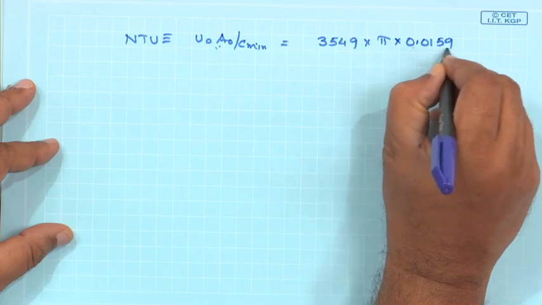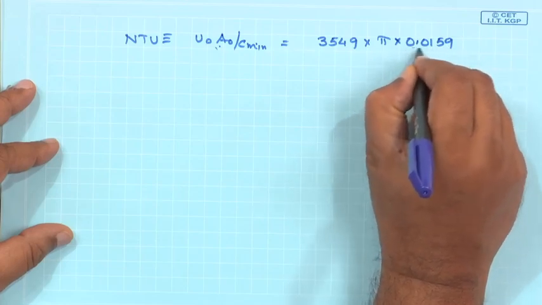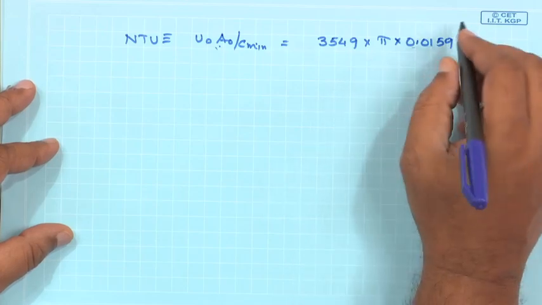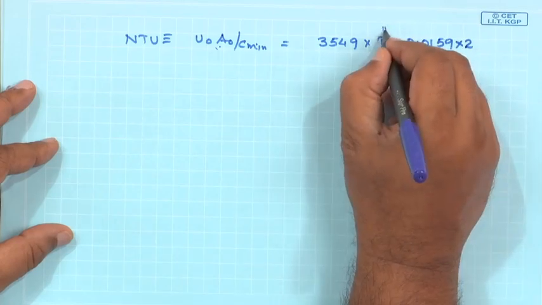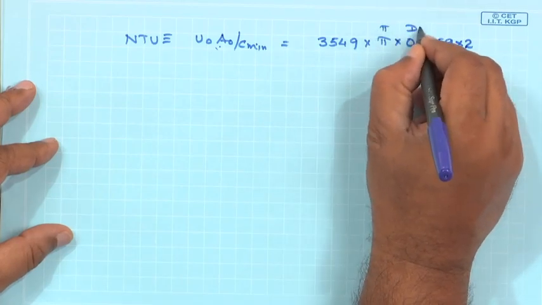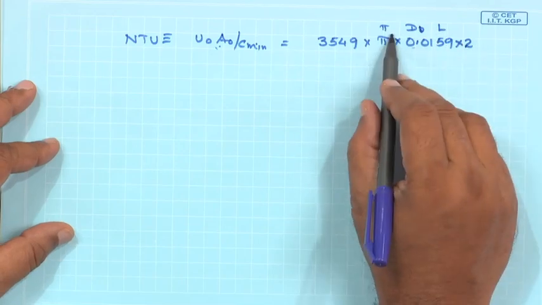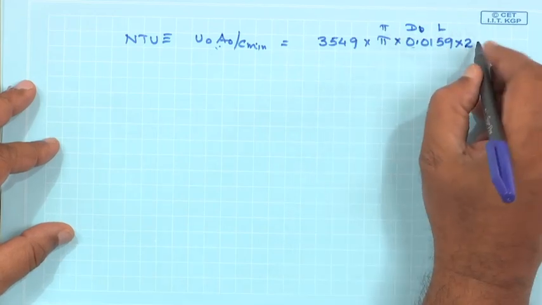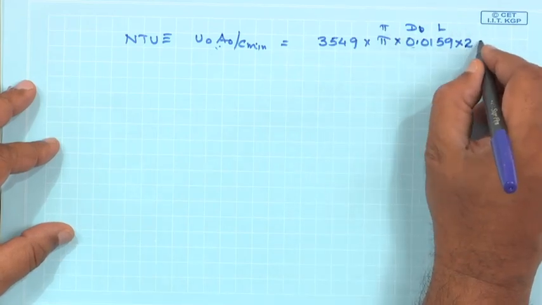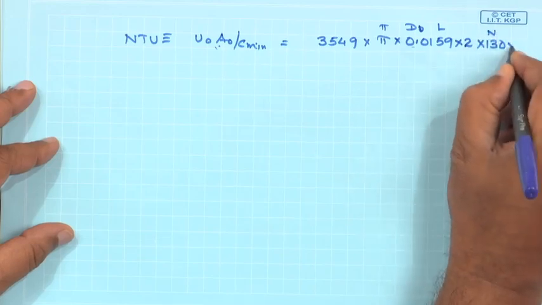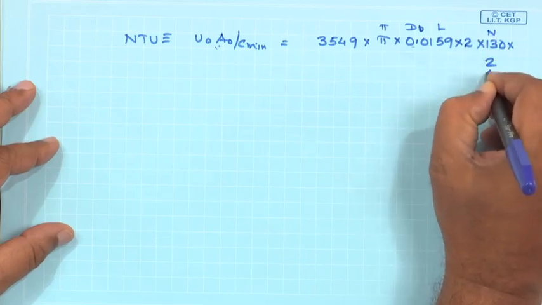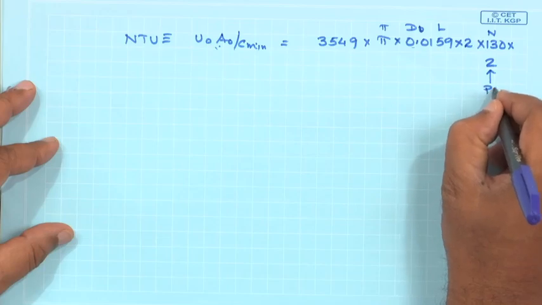This d is the outside diameter, because that is the area which is available for heat transfer, times the length. So, this is pi d o l. So, that is the area multiplied by the number of tubes. So, this is n into 2, this is the number of passes.